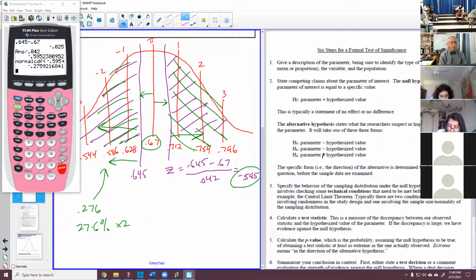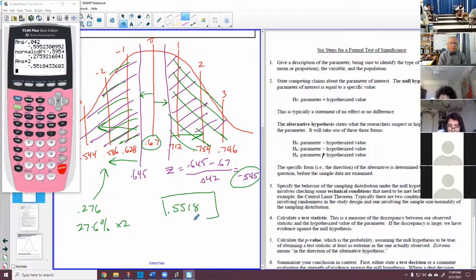So I'm going to go times 2, and I get my p-value is 0.5518. P-values are always positive.